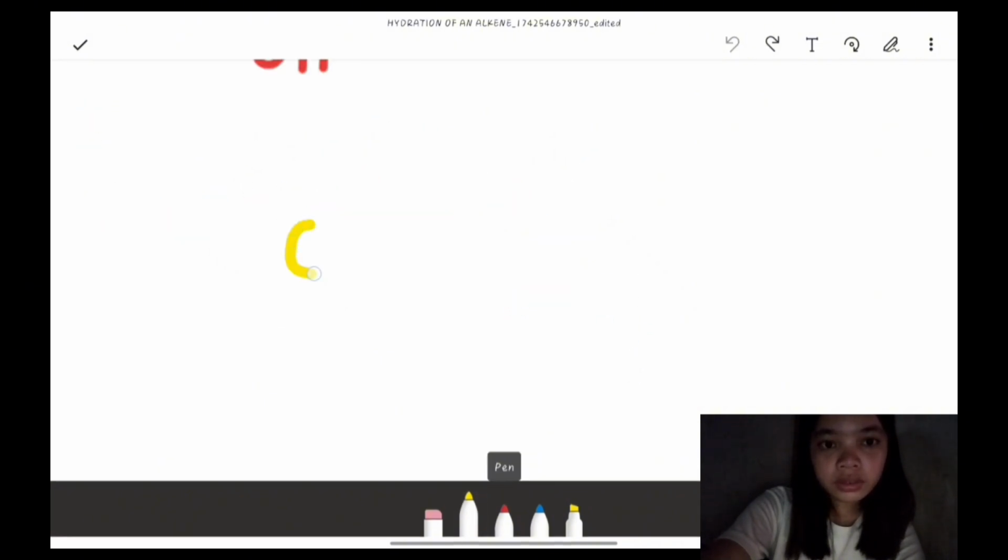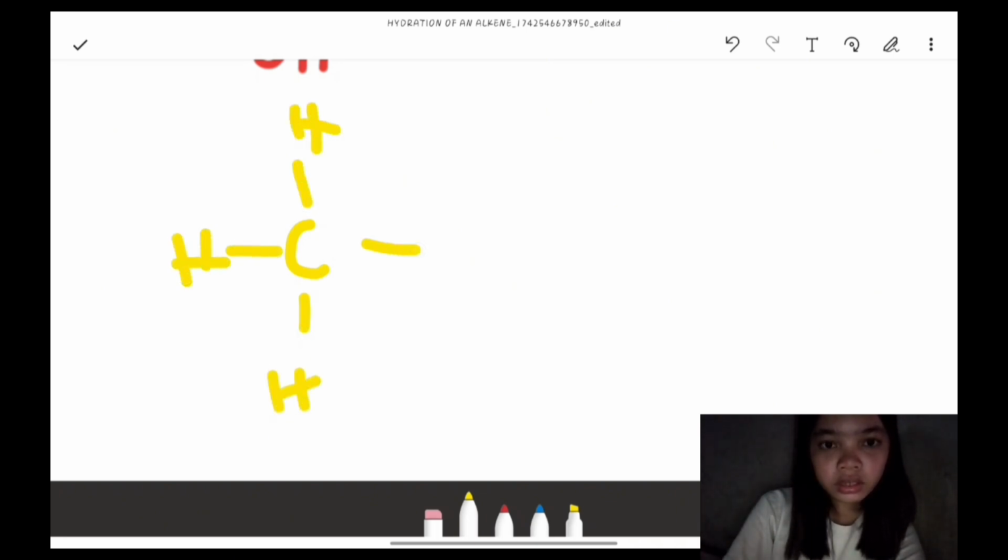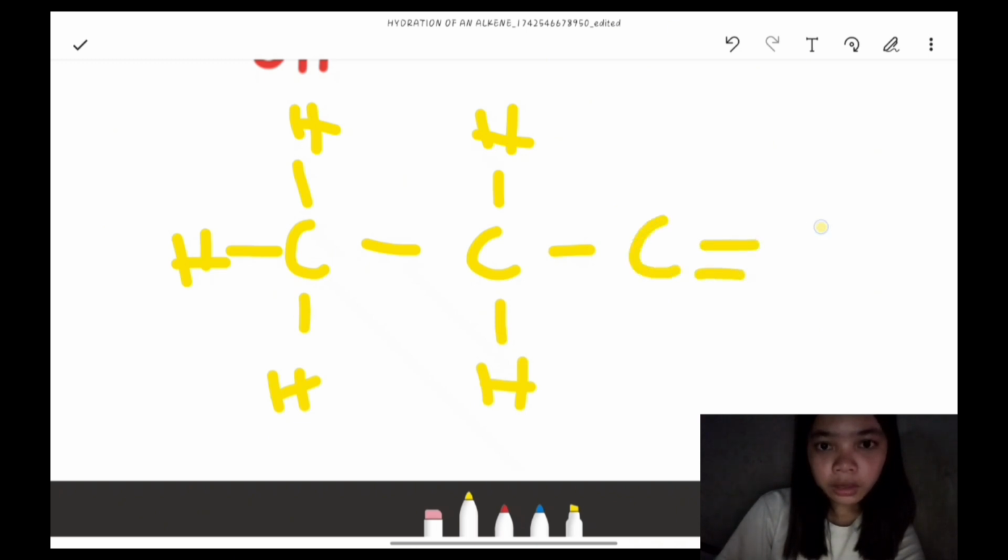So we just draw this out. You're going to have this CH3 right here, a CH2, and then you've got the carbon double bond here to a carbon. There's your 2 hydrogens.